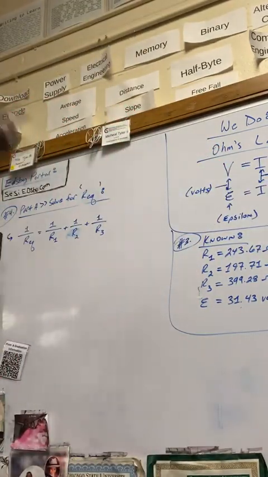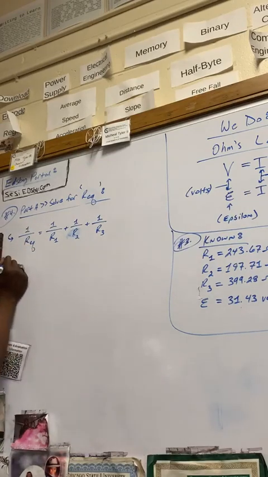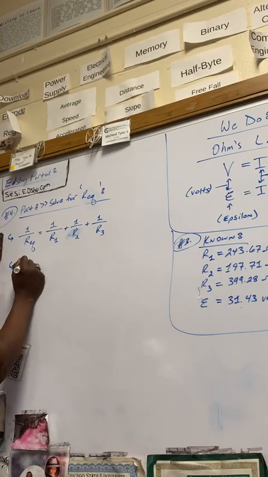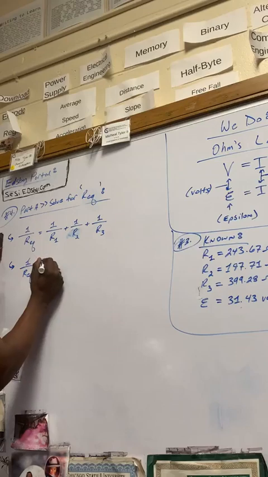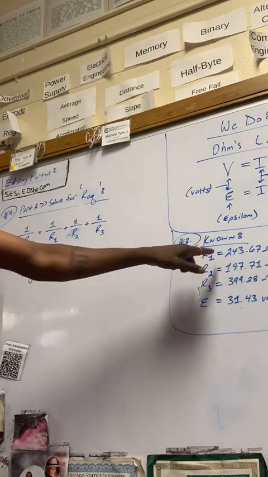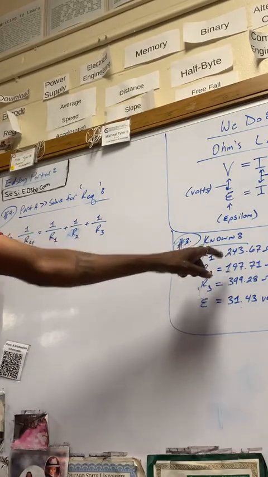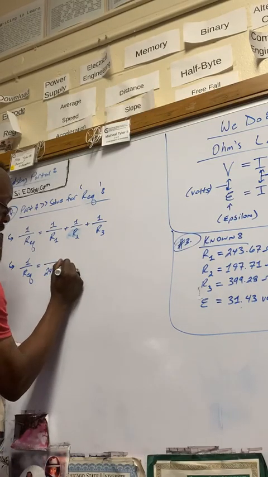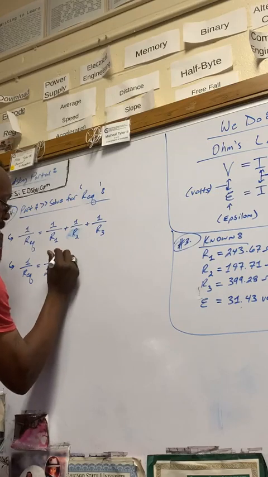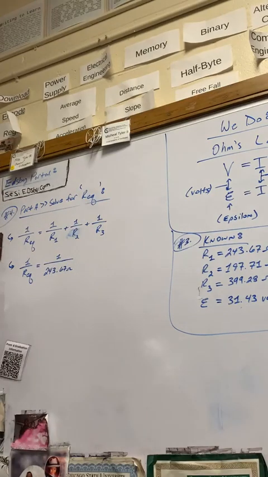Coming down, we plug in our values. So 1 over R_eq is equal to, on the bottom, R1, 243.67 ohms, and 1 is on top of it.